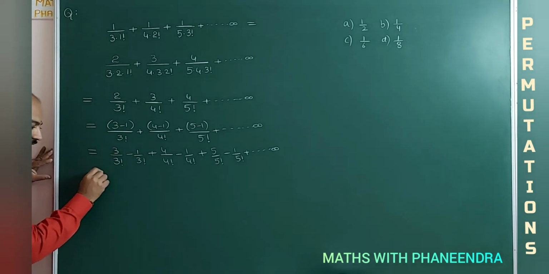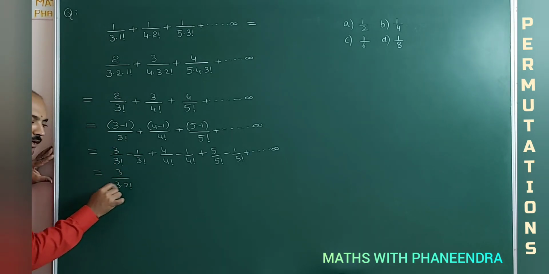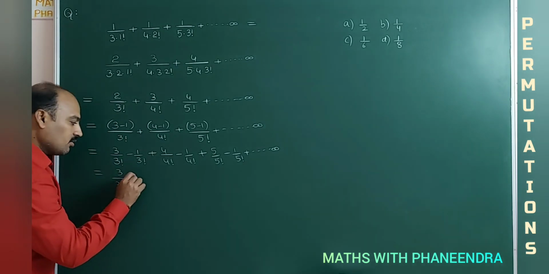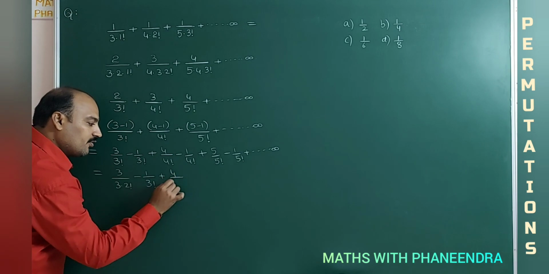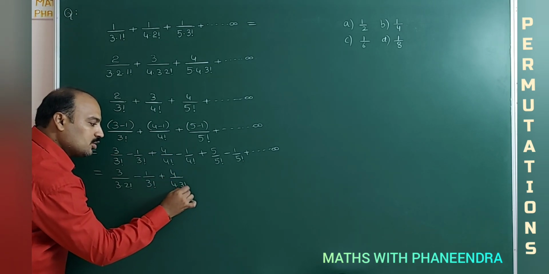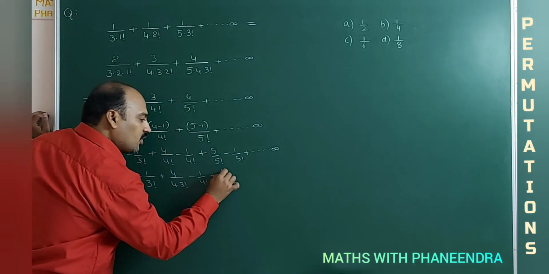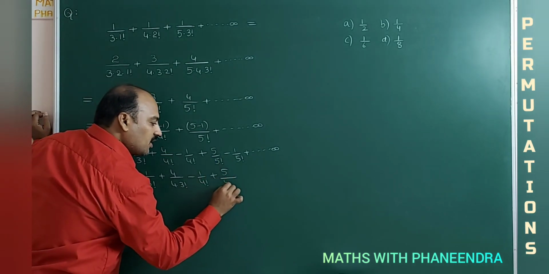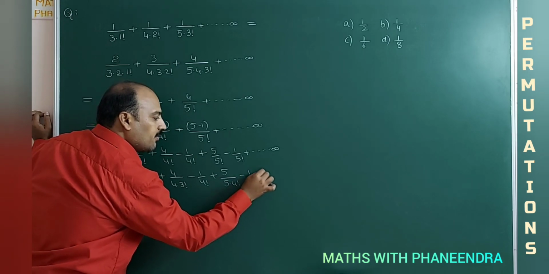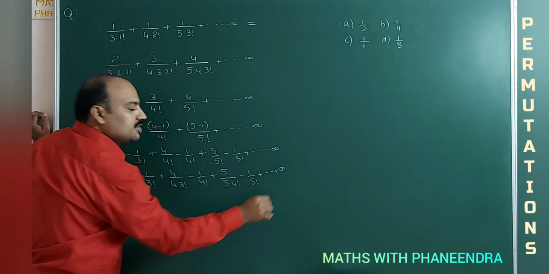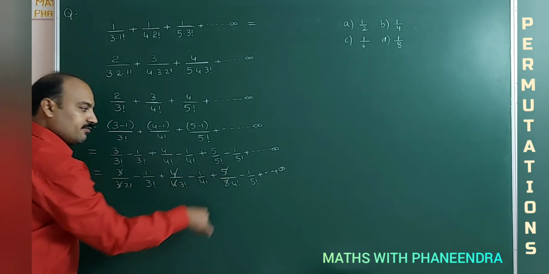So 3 by 3 factorial can be written as 3 into 2 factorial, n into n minus 1 factorial, minus 1 by 3 factorial, plus 4 by 4 factorial can be written as 4 into 3 factorial, minus 1 by 4 factorial, plus 5 by 5 factorial can be written as 5 into 4 factorial, minus 1 by 5 factorial, plus and so on to infinity. So here 3 gets cancelled, here 4, here 5.